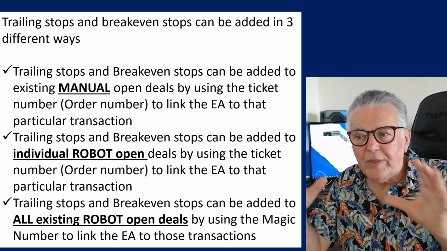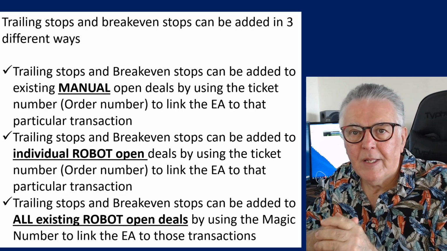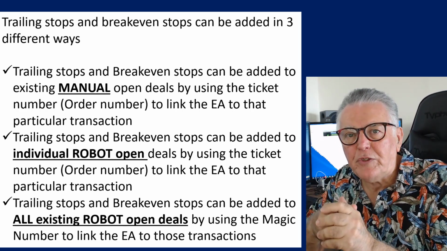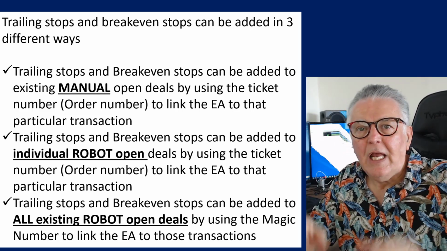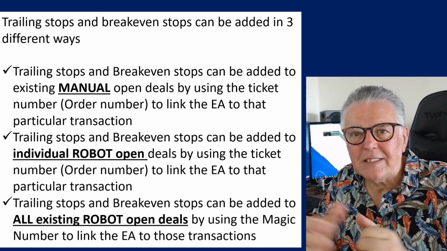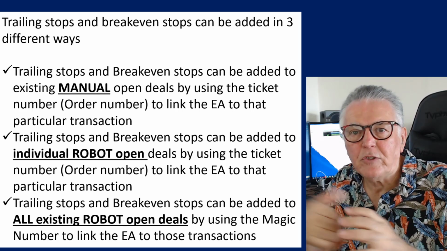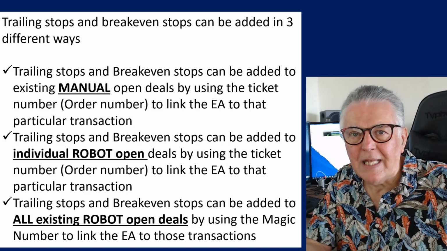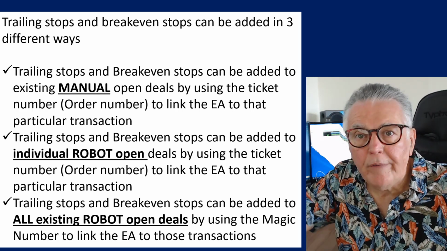So if there's a transaction that your robot has opened, and let's say this particular robot that you have doesn't have a trailing stop or a break-even stop facility, you can then activate this EA, and it will manage your transaction based on trailing stops and break-even stops. Fantastic, isn't it? And then the other thing is, what if you have an EA that just opens a whole lot of transactions?